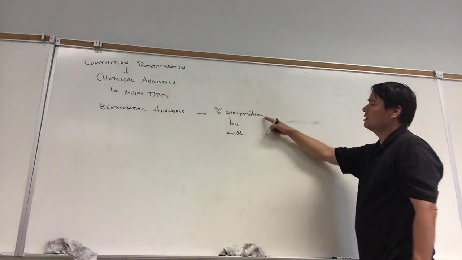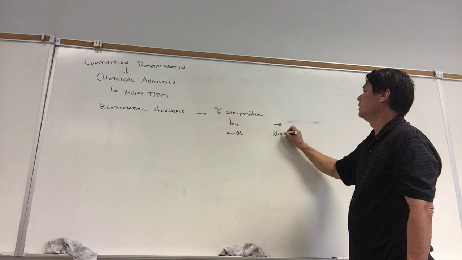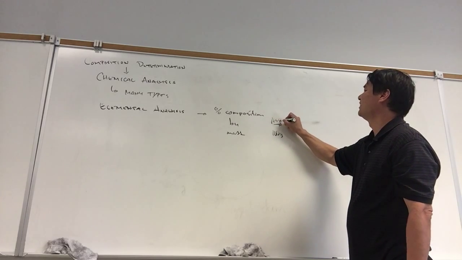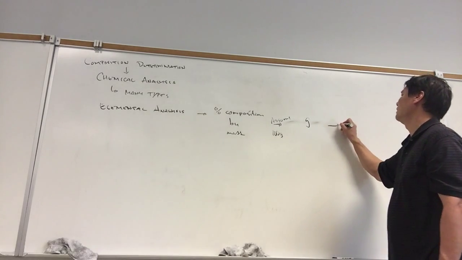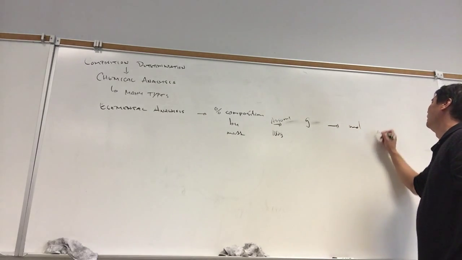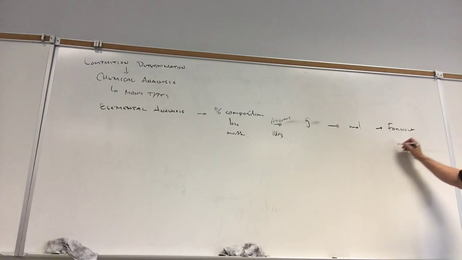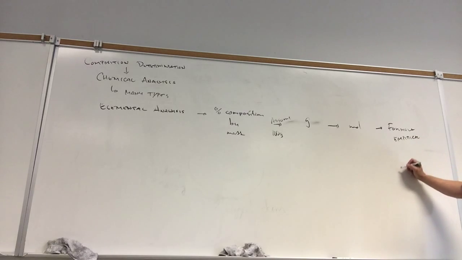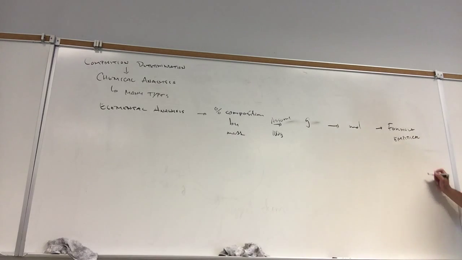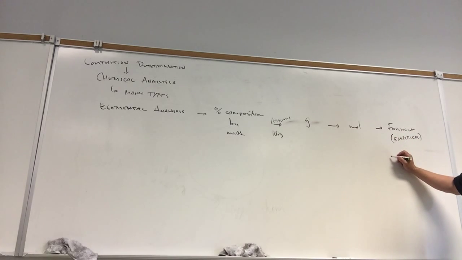formulas. We take a percent composition by mass and assume 100 grams. Then we get the gram composition, and we convert this to moles. And then we get a formula. The empirical formula is the simplest whole number ratio, mole ratio, or atom ratio.